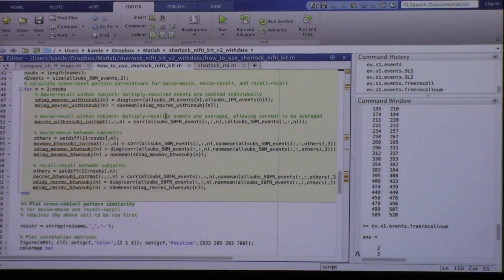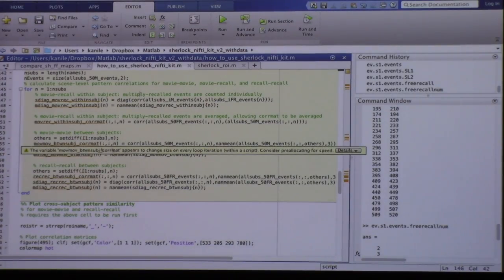Or you can make sure that there's going to be 50 events, basically. If a person returns to the same event multiple times, you just average across all of those returns. For the within subject analysis, you can treat returns to the same event separately, but if you're doing an across subject analysis, you're going to have to average in some way. So that's why we have these 2 different ones.